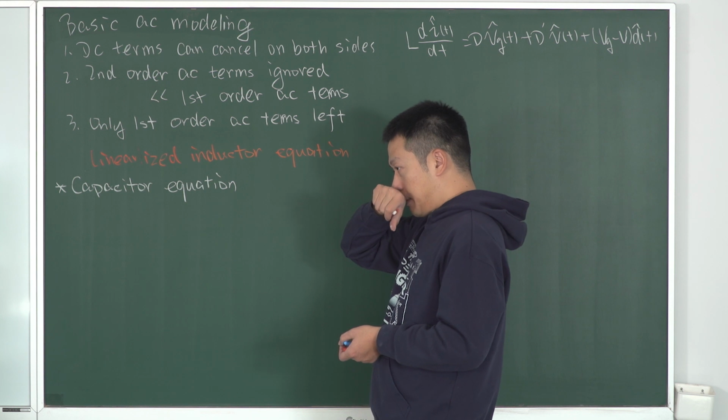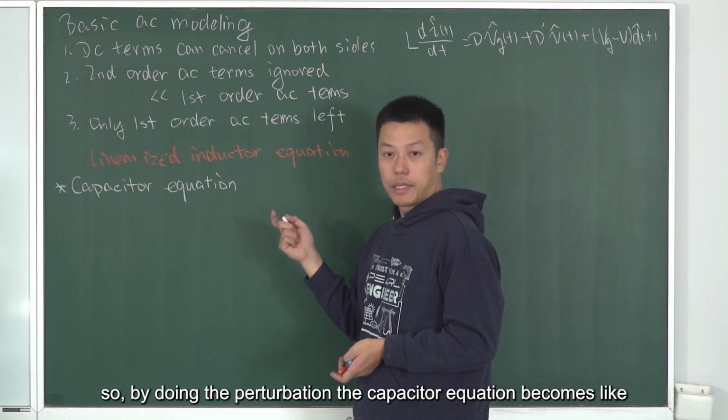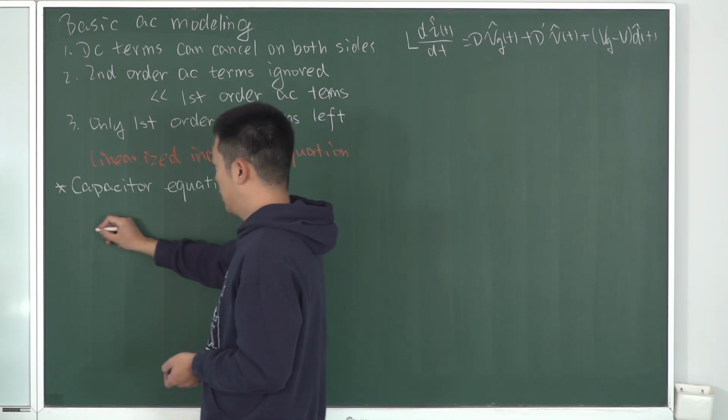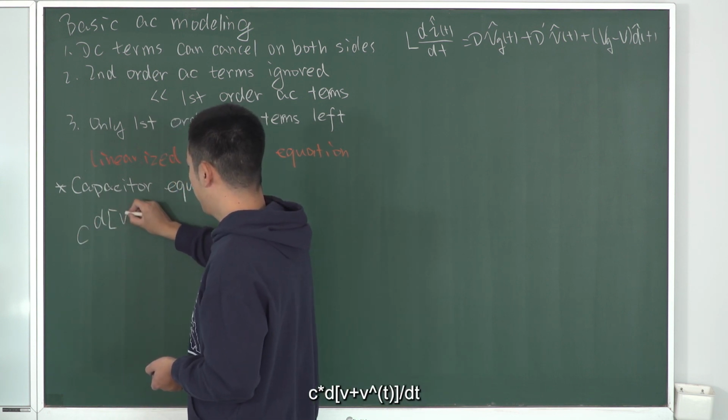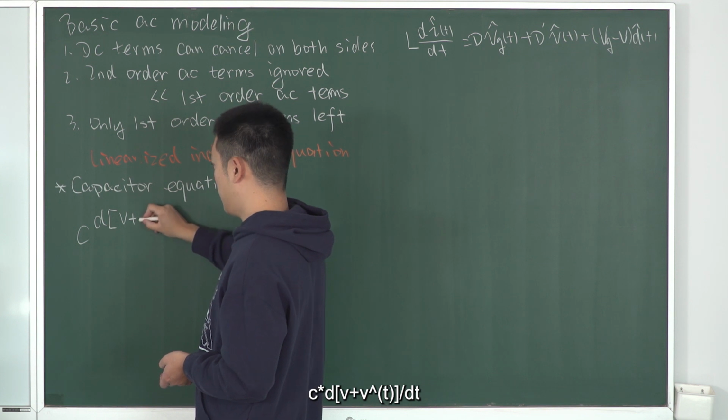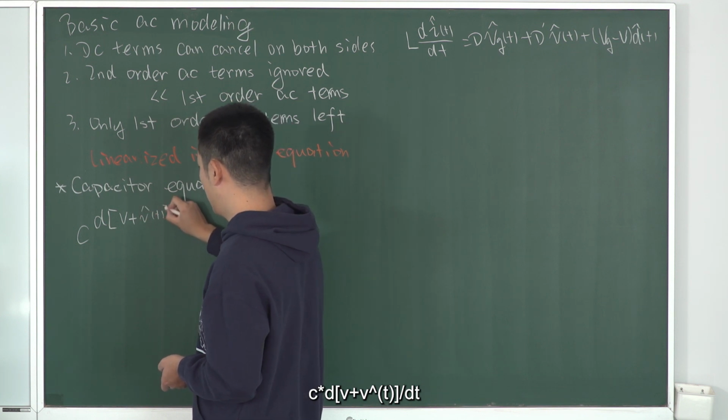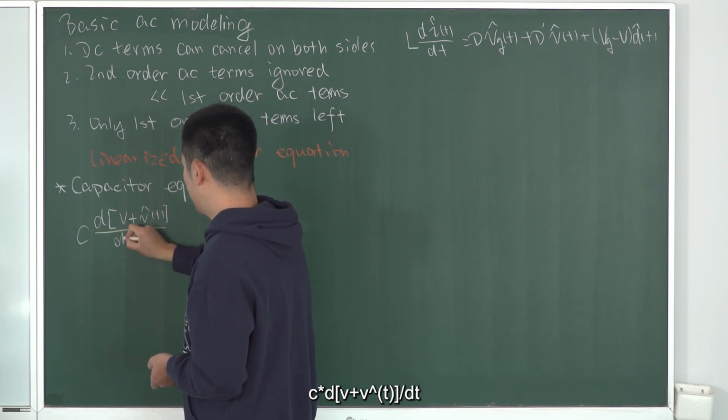So by doing the perturbation, the capacitor equation becomes C d of the DC voltage plus small signal voltage over dt.